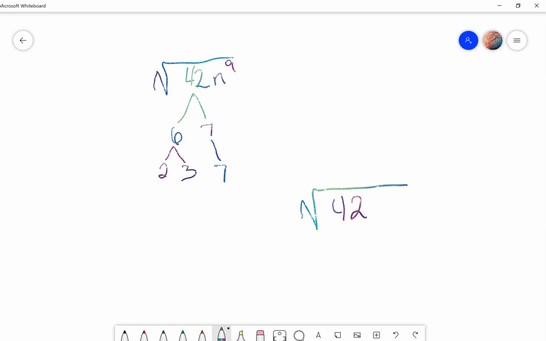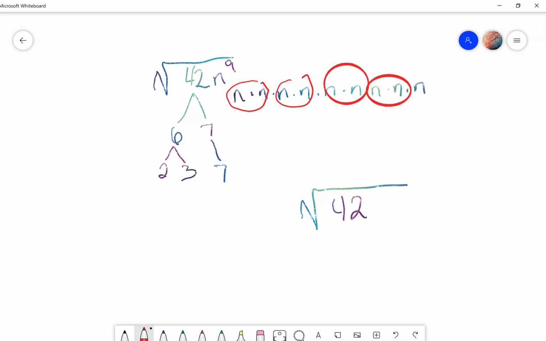So let's go back and look at our n's. So n times n times n times n times n times n times n times n times n. I have a group of 2, group of 2, group of 2, group of 2.